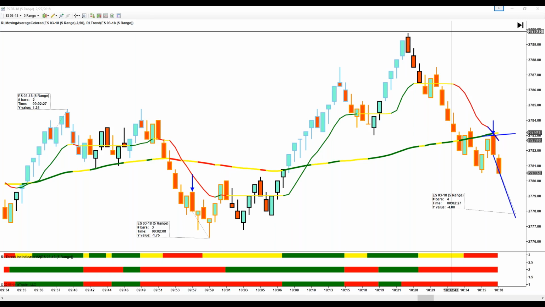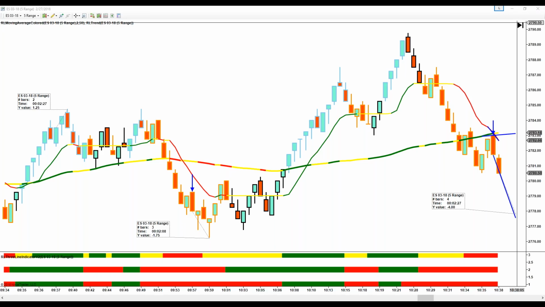But as far as ranges, we have everything figured out, and it's all based on the ATR of the instrument, the average true range. The Forex we trade on a 5 range, bonds and notes we trade on a 3 range, gold we trade on an 8 range, all based on the volatility of the instrument, or the average true range. You just ask us, and we'll send you a list. If you have an instrument that we don't have on the list, Linda, we'll figure it out for you.